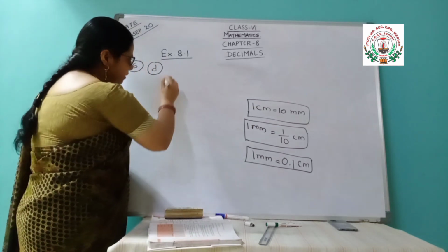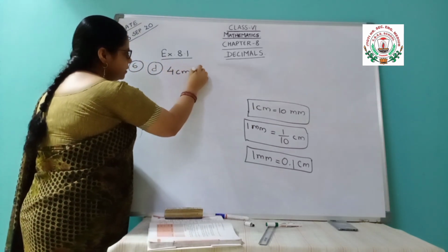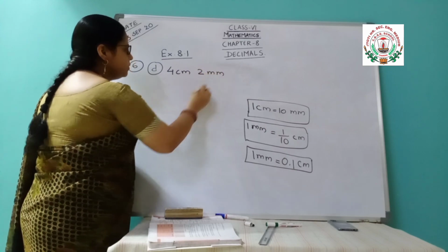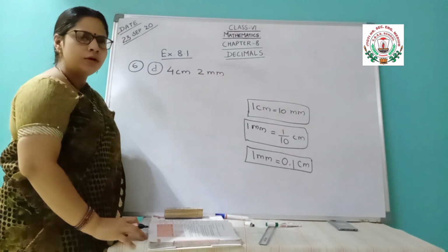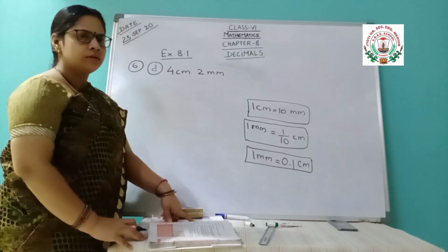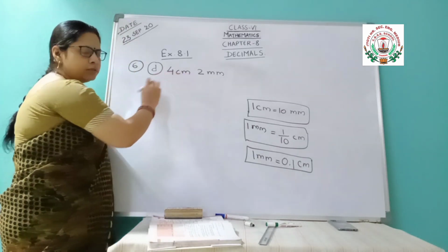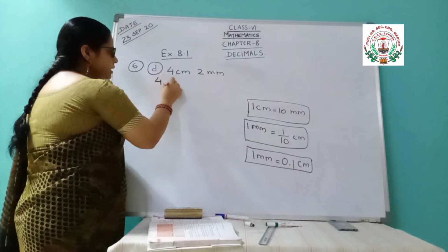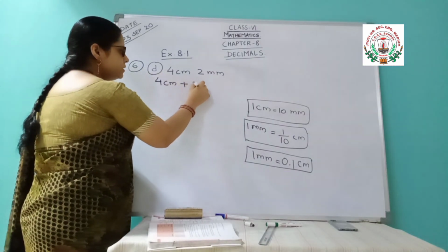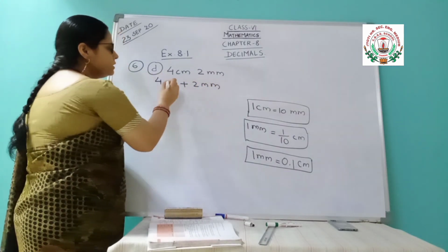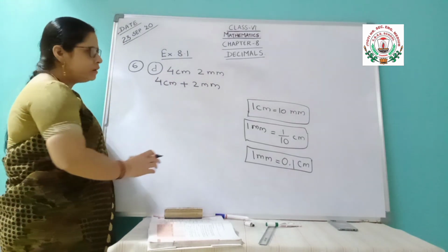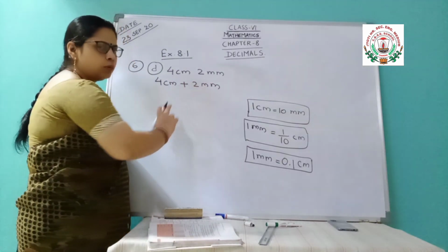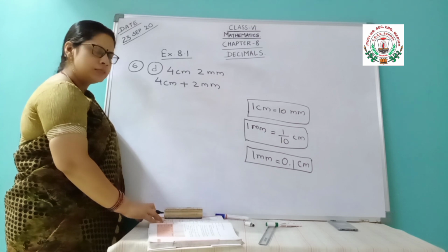You are asked to convert this full quantity to centimeter. Now centimeter is already given, so you can write it as 4 centimeter plus 2 millimeter. 4 centimeter will be 4 centimeter only, and only this 2 millimeter you are going to convert to centimeter.